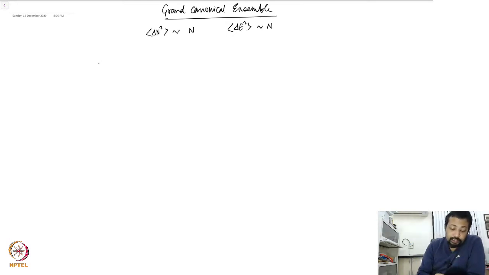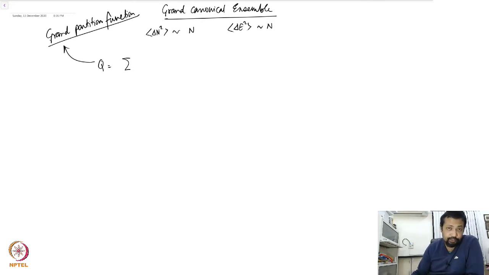For that, we once again go back and start with our grand partition function. This Q is called a grand partition function. Unfortunately, we had used capital Q for a single particle function in the canonical ensemble, but we will modify that syntax later on, right?